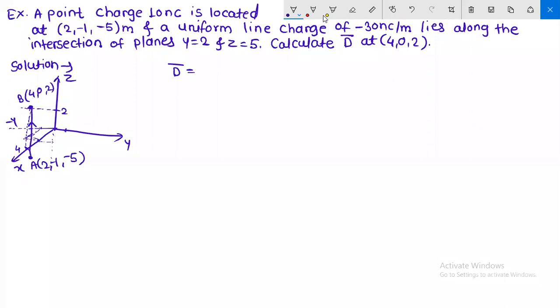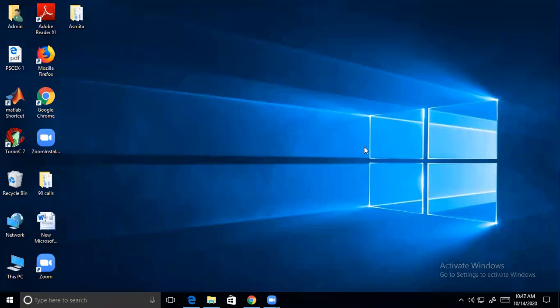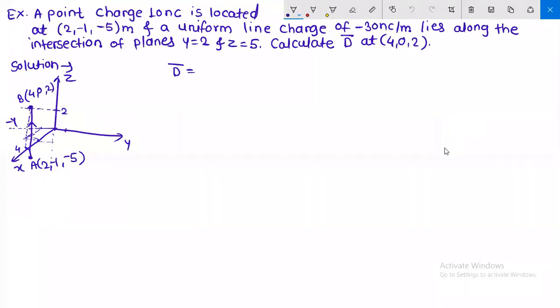Yes, for a point charge, Q upon 4 pi R square into unit vector A bar R. So D bar is equal to Q upon 4 pi R square into unit vector A bar R for a point charge only. So find R bar.